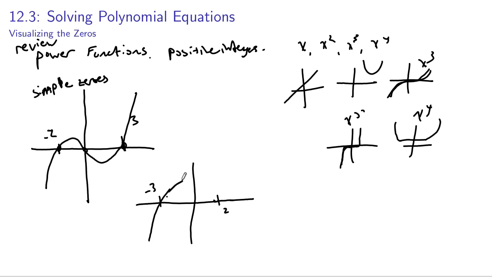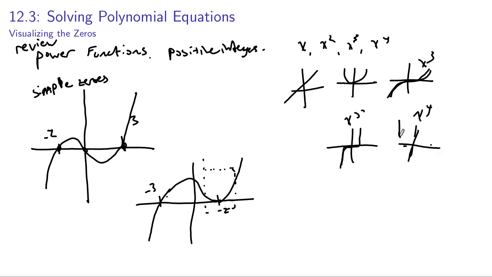But at the double 0 you'll have a shape that looks like a parabola. The graph will come down, it'll touch the axis and bounce back up. And so in this little local region the graph will look just like a parabola touching the axis, which will look a lot like the graph of x squared.